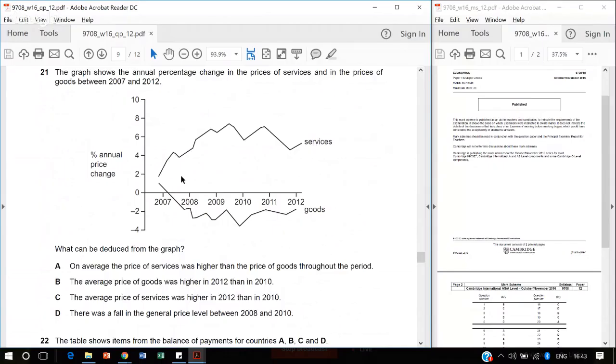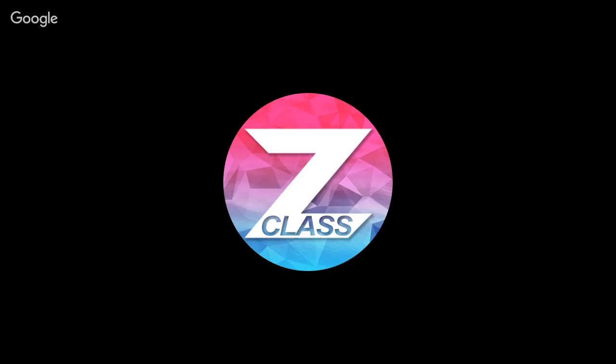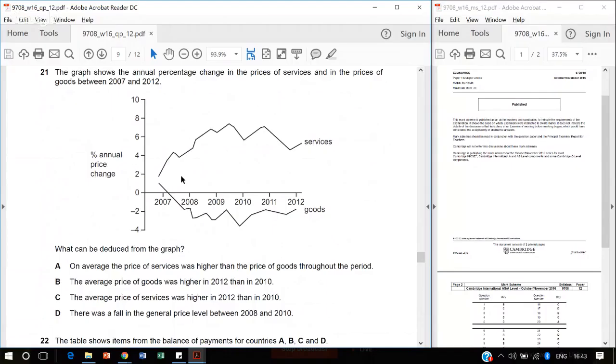Yeah. So, on the graph, services look slightly lower in 2012 than 2010. Oh, but it's always positive, so there's always an increase in the price change. There's always an increase in price change rather than a nominal price, right?